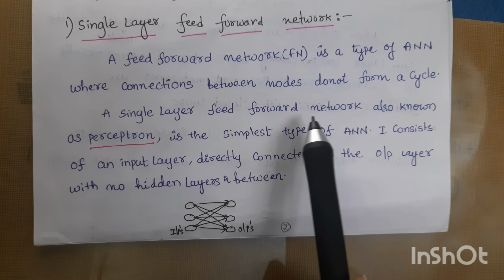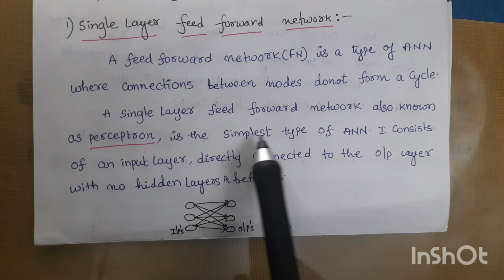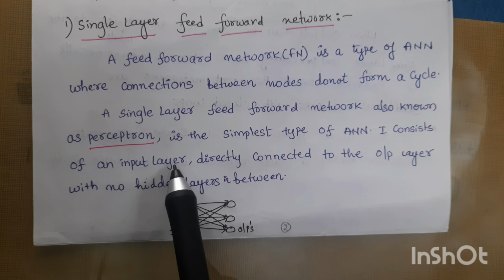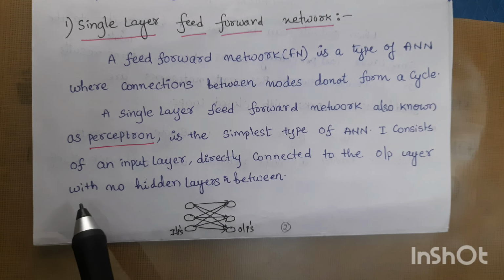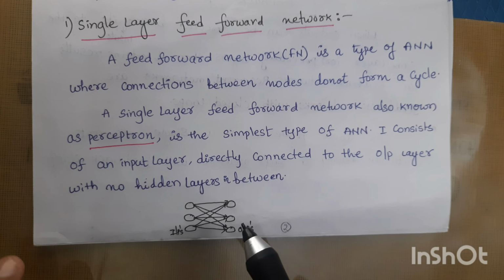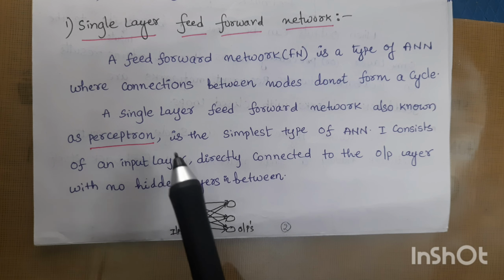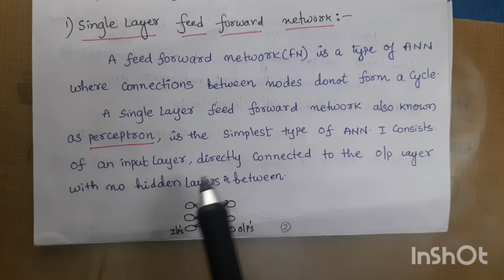A single layer feed forward network, also known as perceptron, is the simplest type of ANN. It consists of an input layer directly connected to the output layer with no hidden layers in between. So remember, in a single layer feed forward network, we have only the input layer directly connected to the output layer, but it does not have any hidden layers.